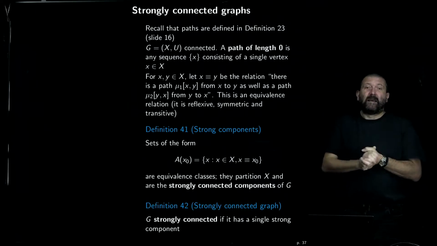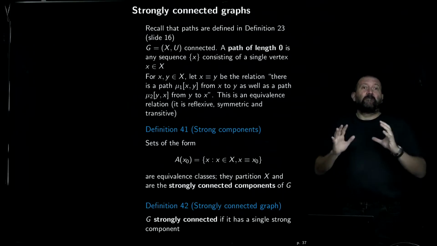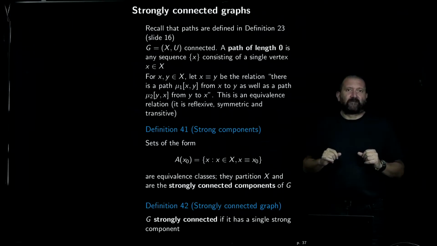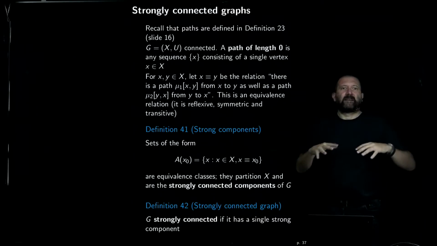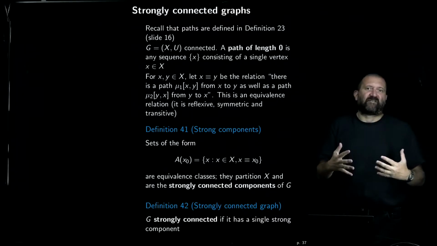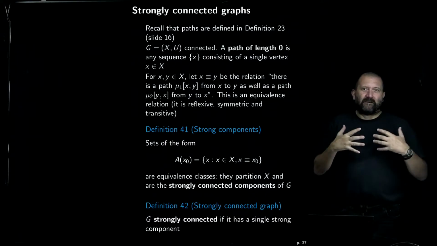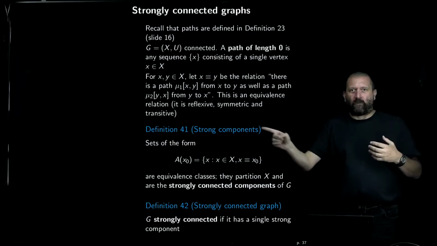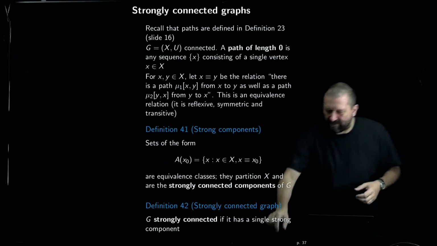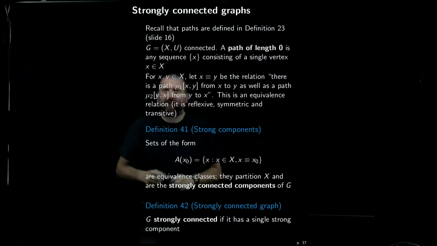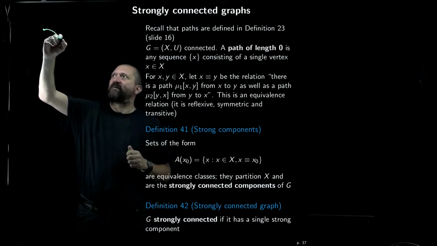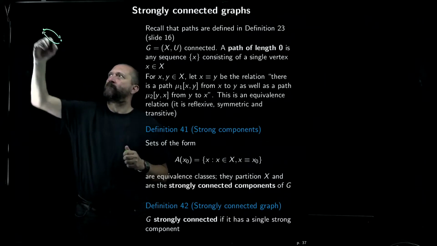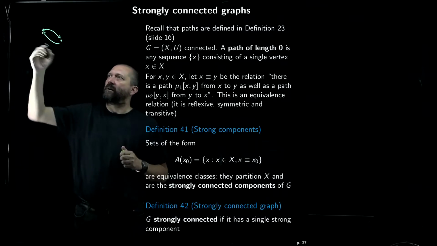Now, that is very important in strongly connected graphs because it's going to allow us to define what are called equivalence classes. And this is what we're going to call the strong components. So let me start with a little example.